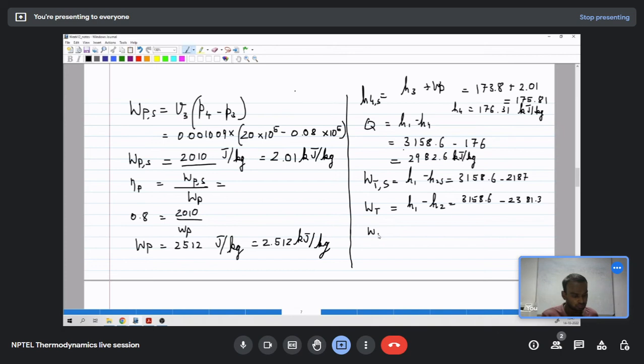So turbine work isentropic is 971.6 kilojoule per kg, and actual turbine work is 777.3.